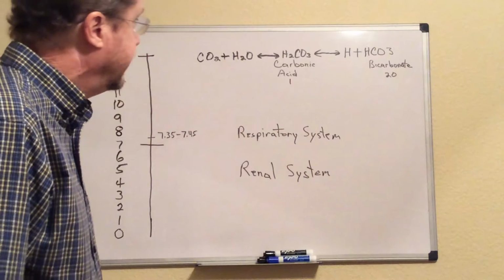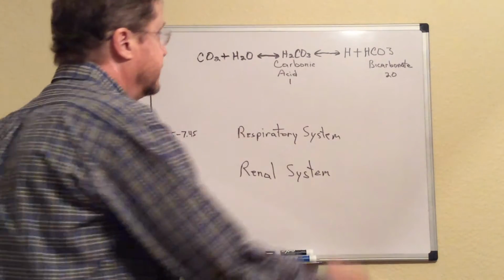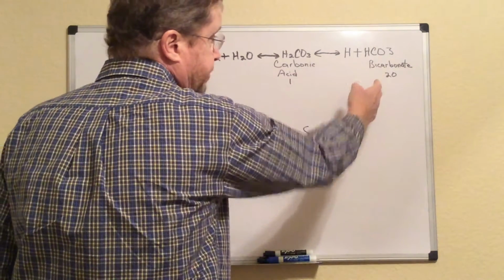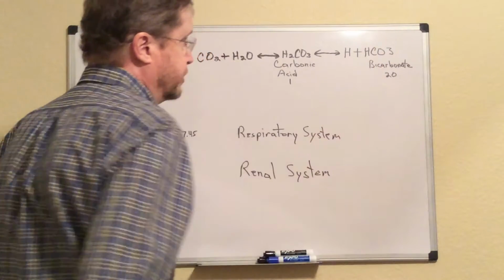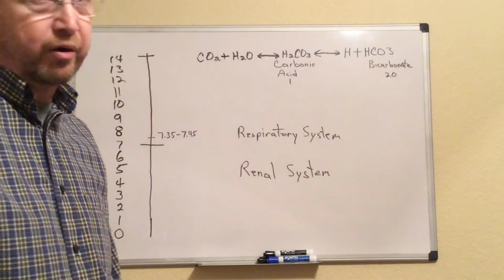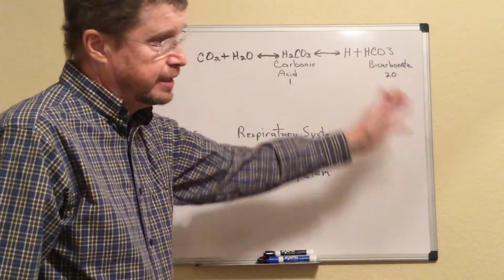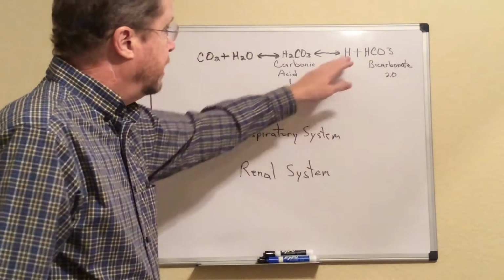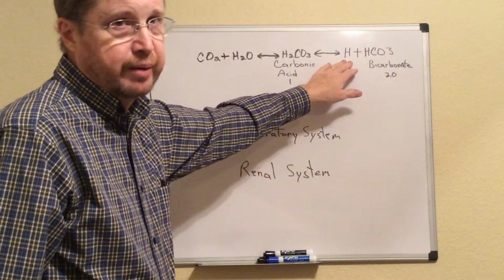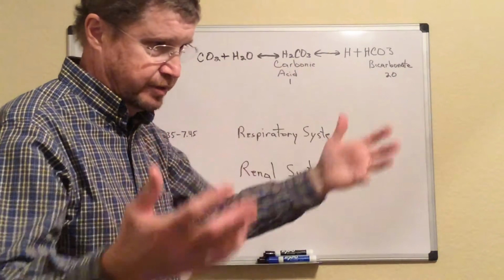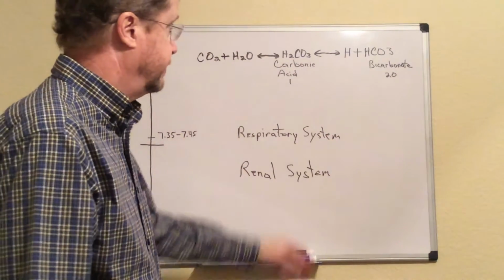Now that carbonic acid, about 70% of it will move into the red blood cell and break up into a hydrogen ion and a bicarbonate ion. The bicarbonate is released into the bloodstream. Hydrogen is held in the red blood cell so that it doesn't have an impact on pH out there.